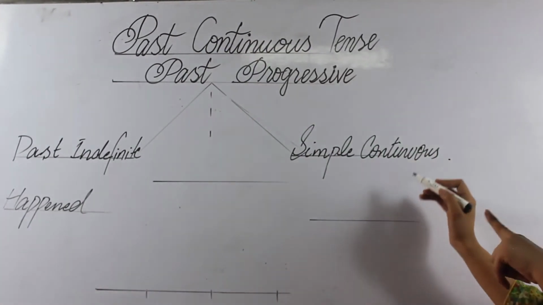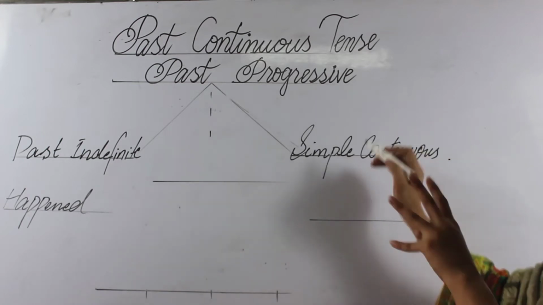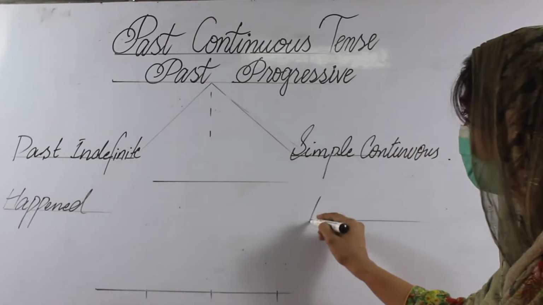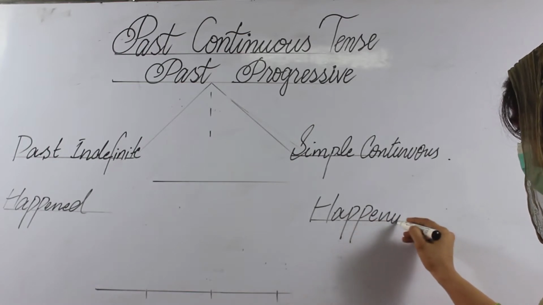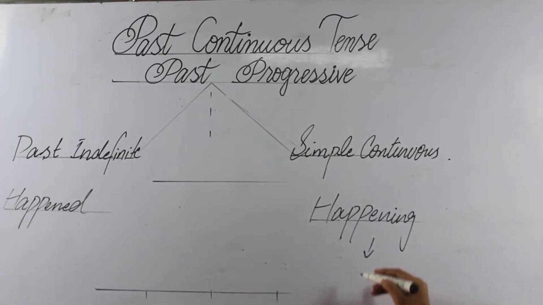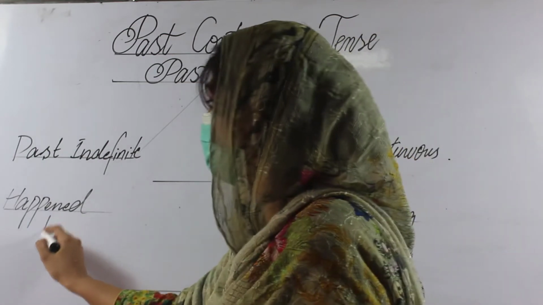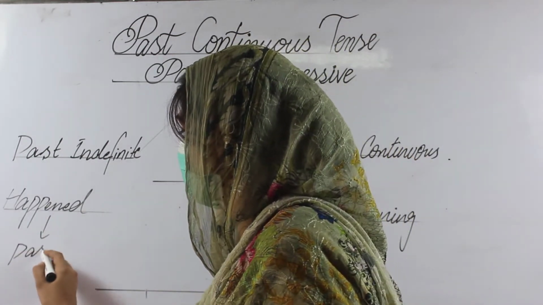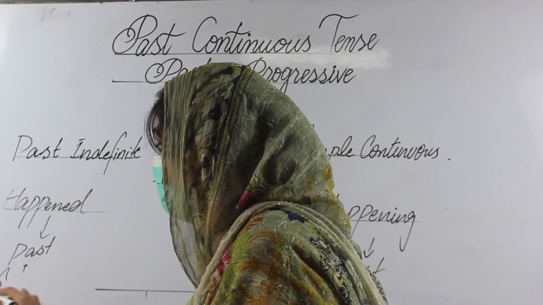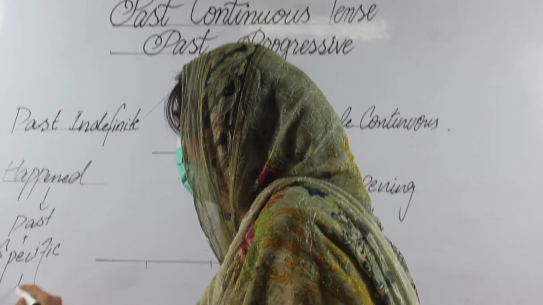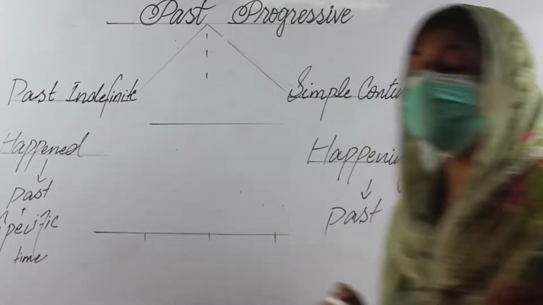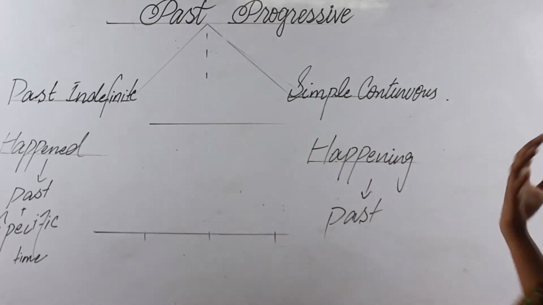But if we talk about the simple past continuous tense, we can say that something was happening, but not right now, in the past, at a specific time. This is the briefing about the past continuous.